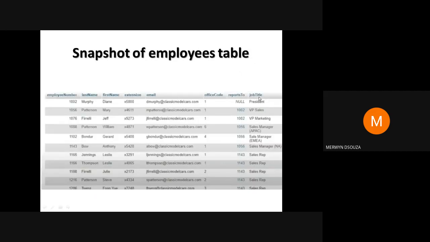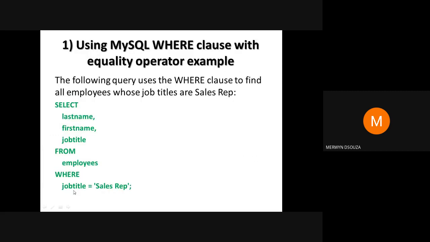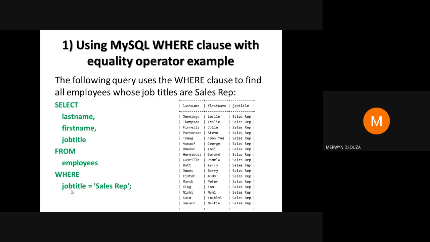In the original database, you could see the job title of the employees is quite different. It could be president, VP sales, VP marketing, sales manager, or sales rep. In this condition, we have specified that the job title of the employee has to be sales rep. So in the output also, all the employees whose job title is sales rep are displayed.